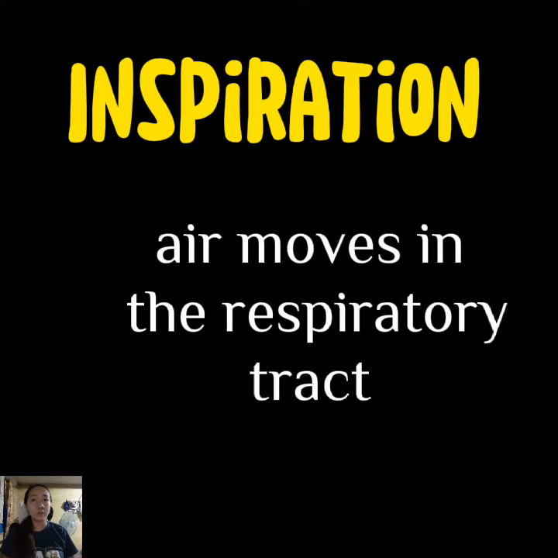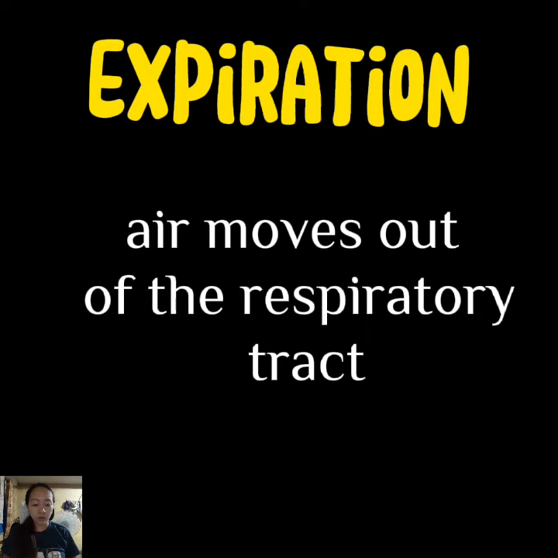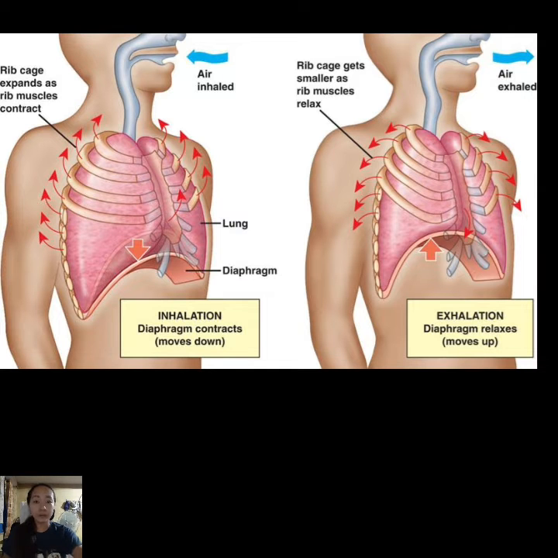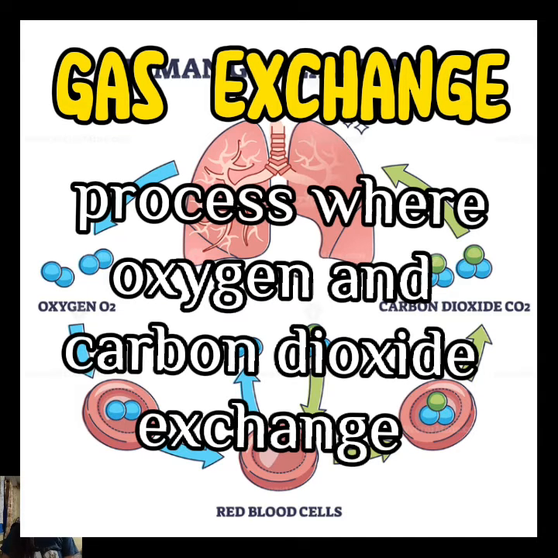When we say inspiration, the air moves through the trachea, and on expiration, it moves out of the respiratory tract. We also have gas exchange, wherein the air and blood exchange oxygen and carbon dioxide in a process.